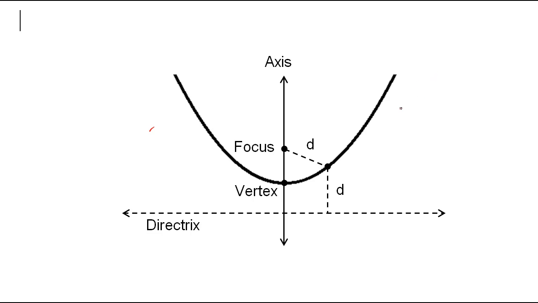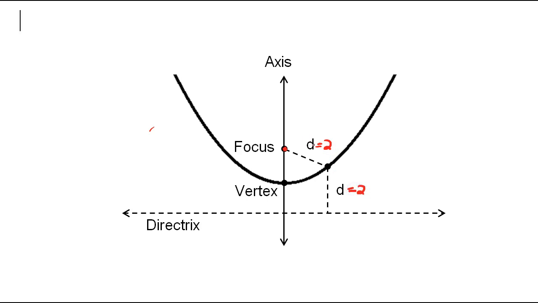Okay, this is how it works. Here's my focus right here. I need to find all the points that are the same distance from the focus as they are from the line. So for example, this distance here, let's say that's 2. Looks like about 2 centimeters. That means this distance would also be 2.